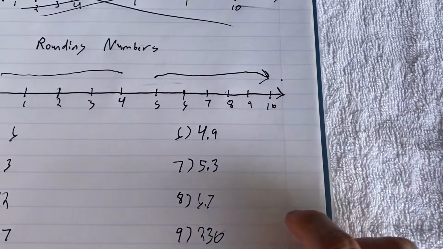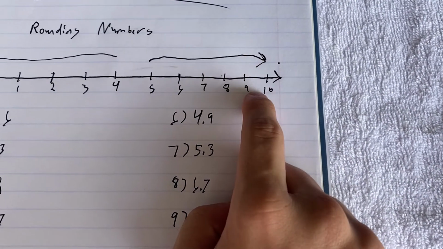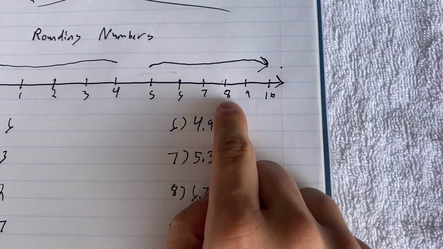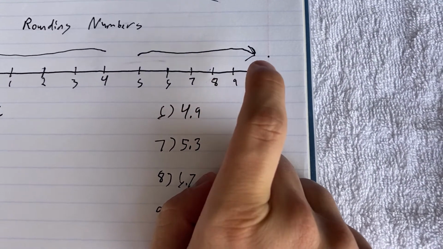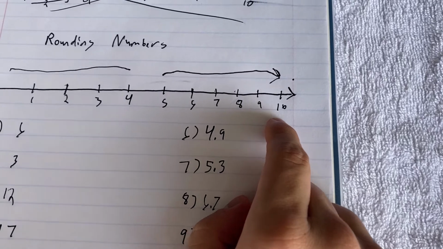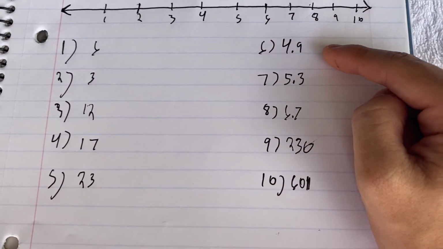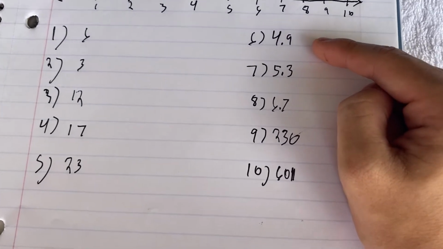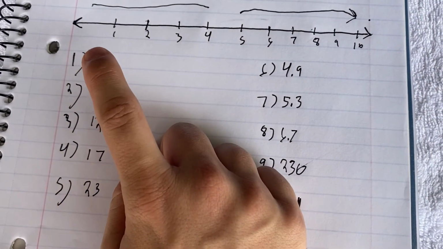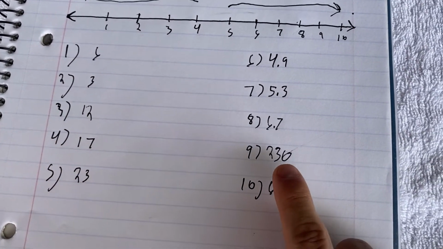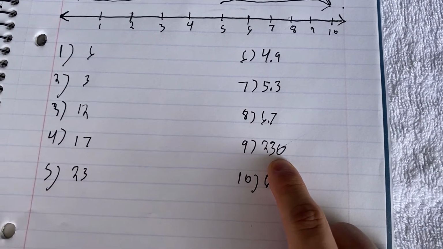Well, we know that the landing number should be 10. If I ask you, hey, can you give me the rounding number of 8? We know that it's going to land on 10. So, with these exercises, I'm going to teach you how to round numbers with any number from the 1s to the 10s and even to the 100s places.